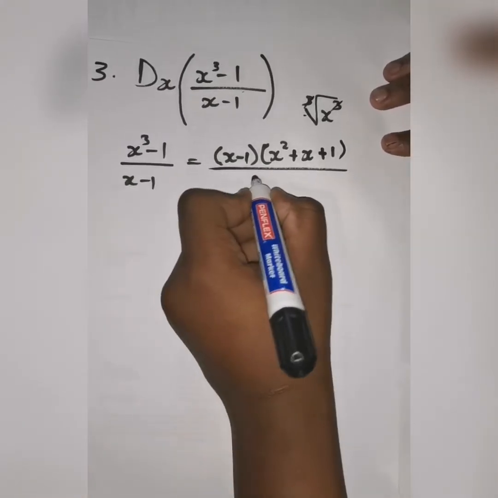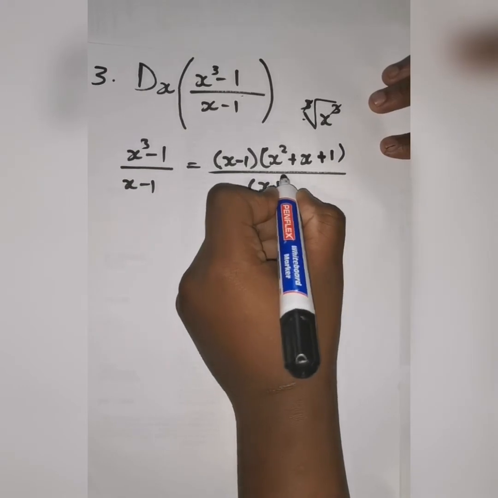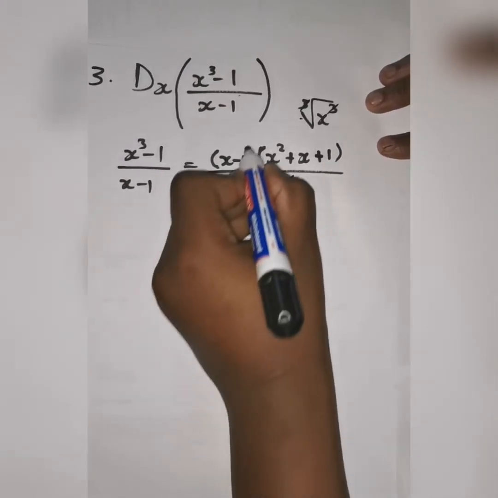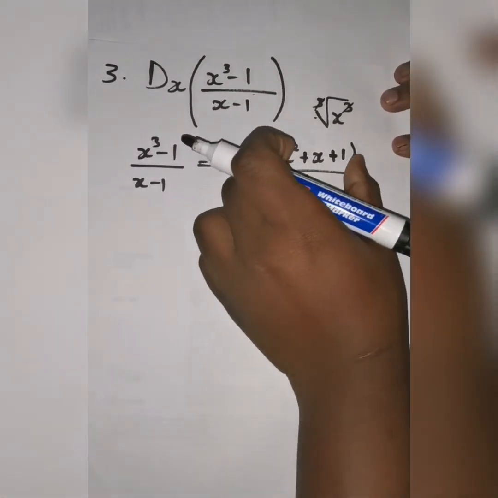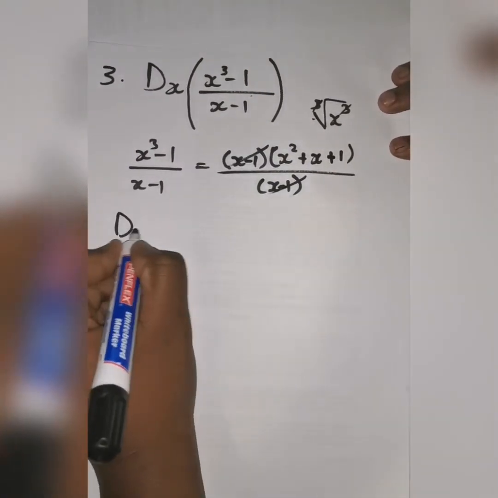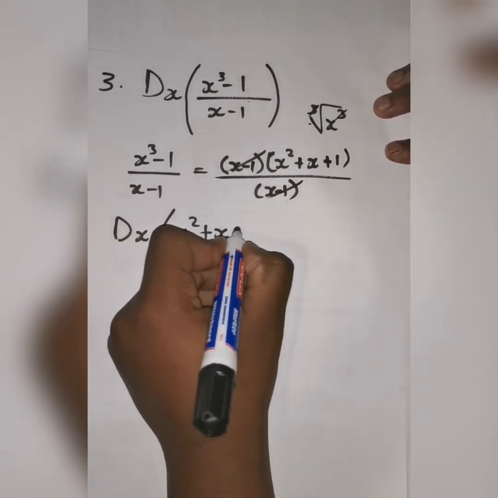Then as a denominator, we had x minus 1, and then these two cancel out, so it means that we have this left. So this is going to be simpler in this way.